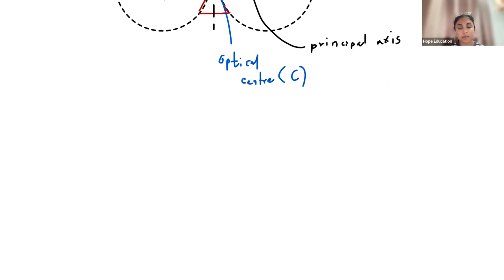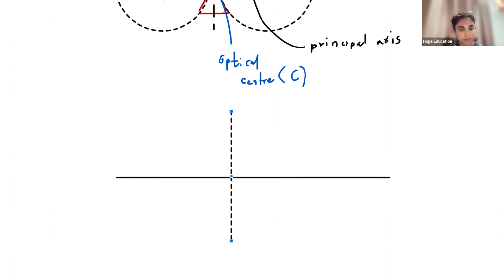So let's say we have the principal axis like this, right? And this is my concave lens. To show that this is a concave lens, I will draw the shape of the concave lens like this.